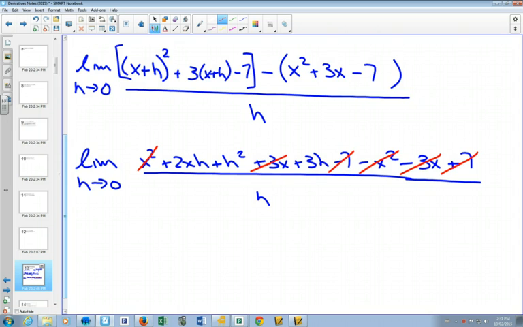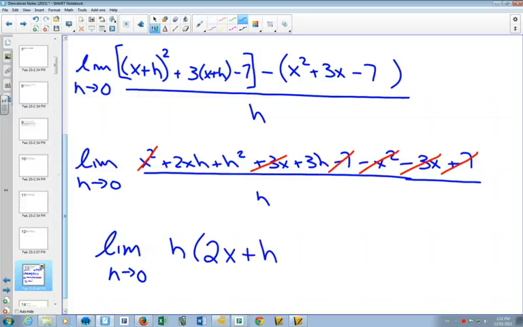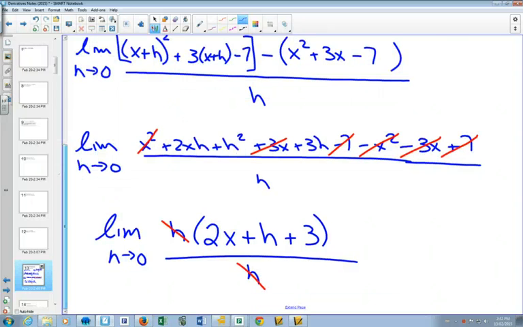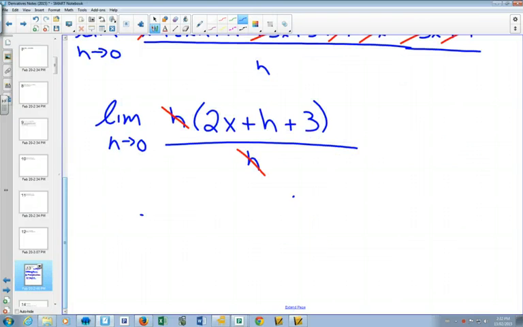Those cancel out. On the top, we're left with 2xh plus h squared plus 3h, which if you factor an h out because it's in common, gives h times 2x plus h plus 3. And now our h's cancel out, and we can plug in 0 for h. And we get 2x plus 3.